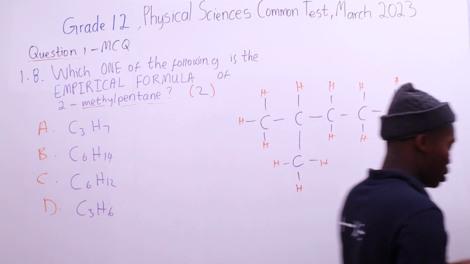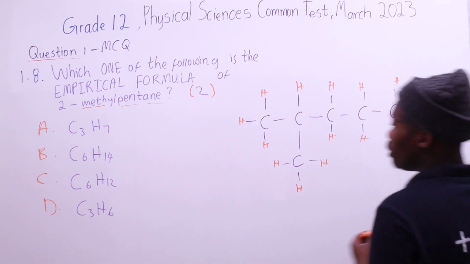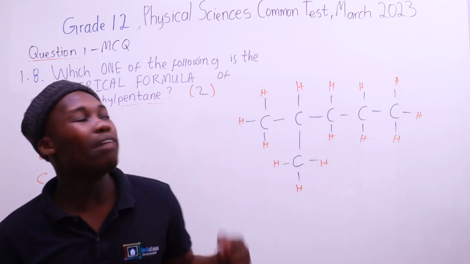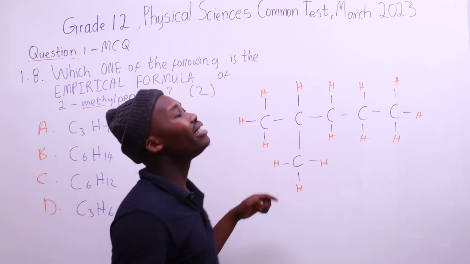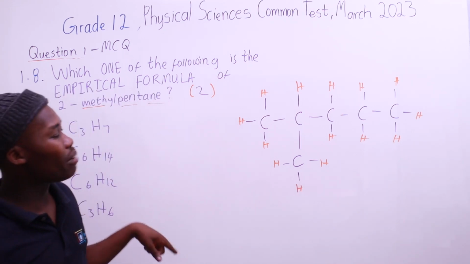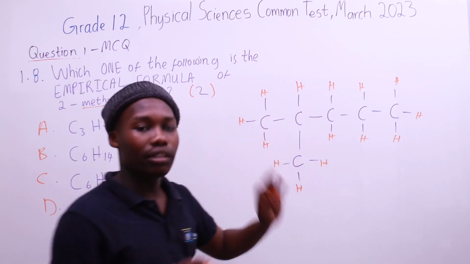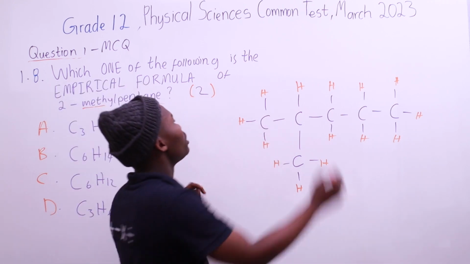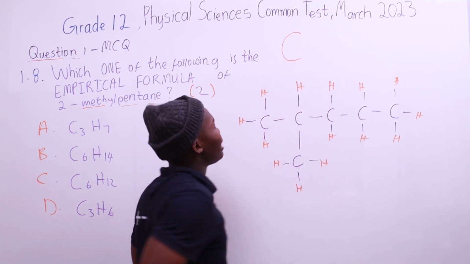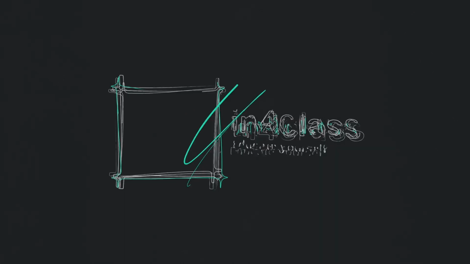Alright, the molecular formula tells us the number of every individual element, with the number of atoms of that element. In this case, we have carbon and hydrogen. We have a hydrocarbon. So we want the carbons: 1, 2, 3, 4, 5, 6.